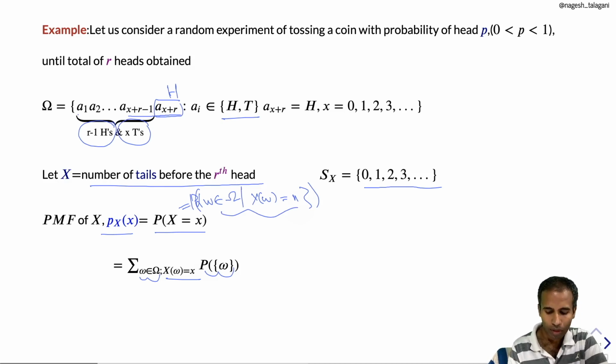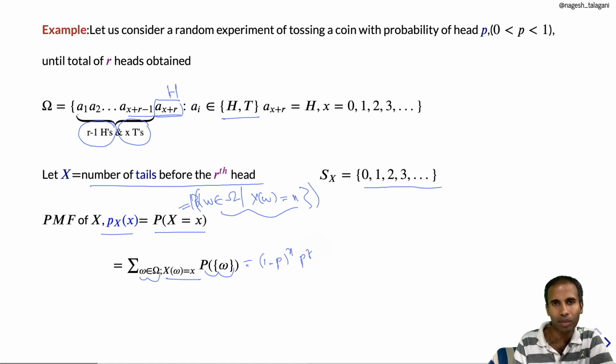So the probability of singleton omega is going to be exactly (1 minus p) to the power of x into p to the power of r. Because any outcome in the summation will have r heads and x tails. The only thing is the order can change. Then we can use independence to get this probability. Let me show you a typical outcome where we see x tails to see the rth head.